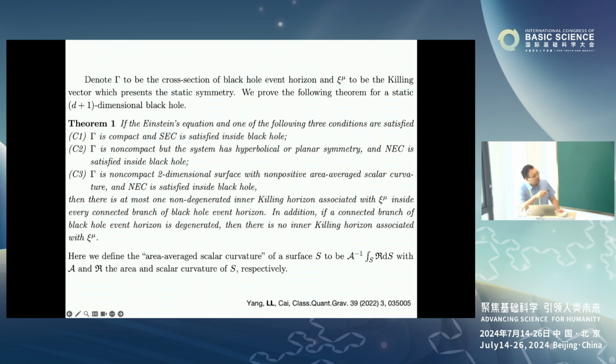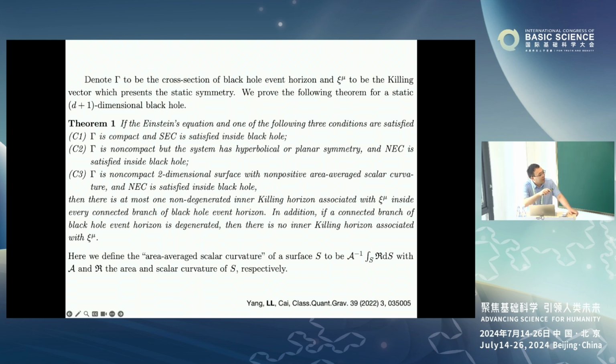And the third one seems more complicated, because gamma is non-compact and a two-dimensional surface, its average scalar curvature is non-positive, and the null energy condition is satisfied. With these cases, we can show there is at most one inner horizon inside the black hole.